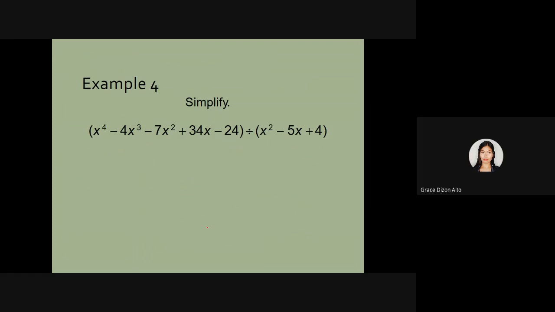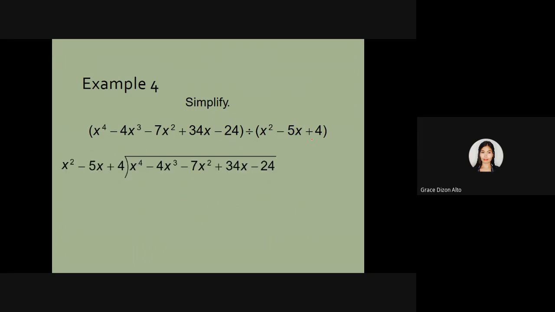Okay, so let's have example number 4. We will be simplifying the polynomial x to the fourth power minus 4x cubed minus 7x squared plus 34x minus 24 divided by x squared minus 5x plus 4.